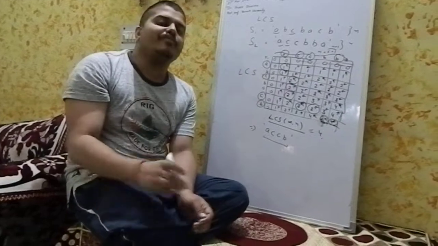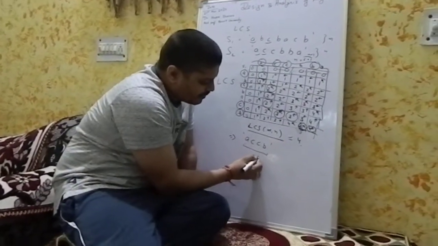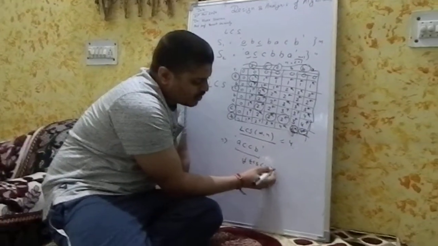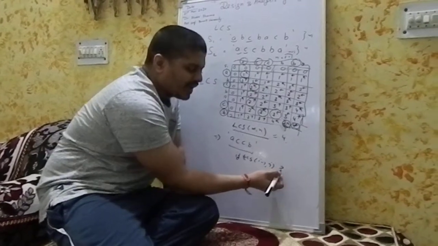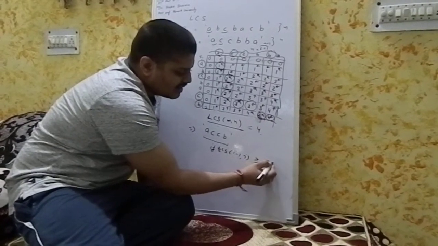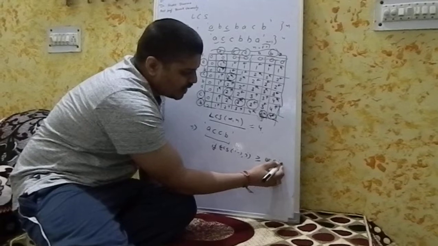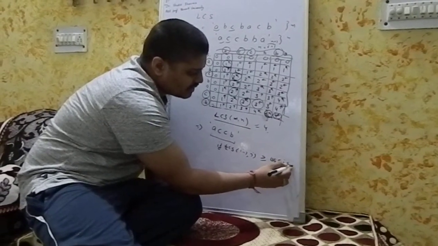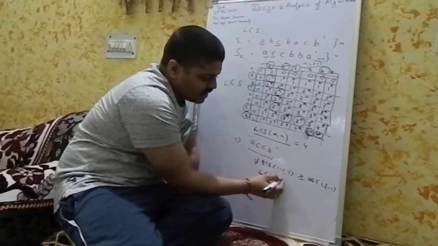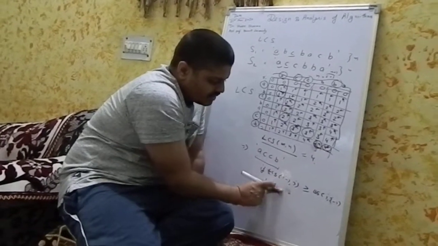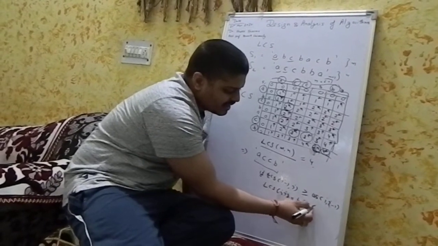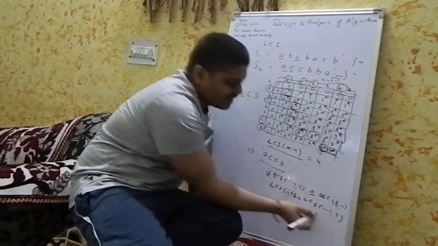So if my LCS(i minus 1, j) is greater than, and now wherever I put the equality, if I put equality here, LCS(i, j minus 1), so if this is the bigger value, my LCS(i, j) will be equal to LCS(i minus 1, j).